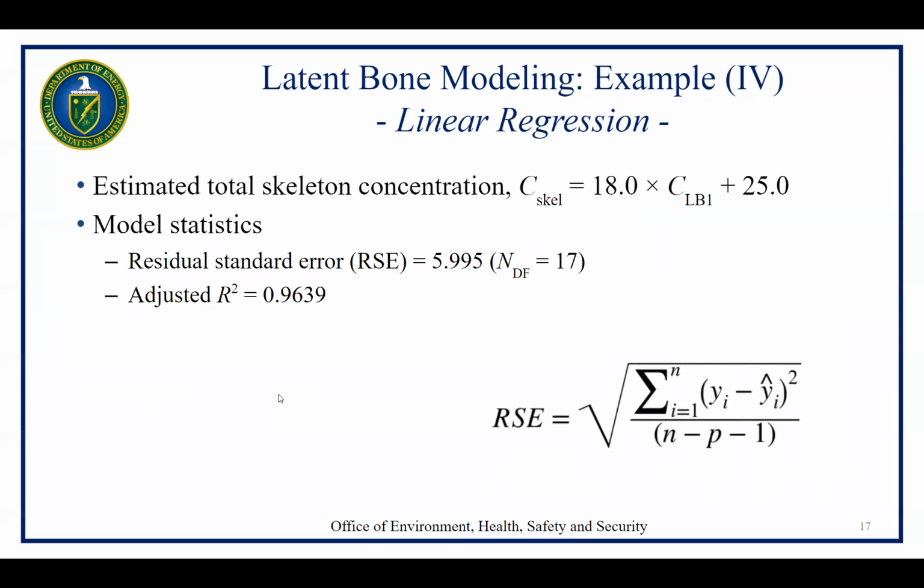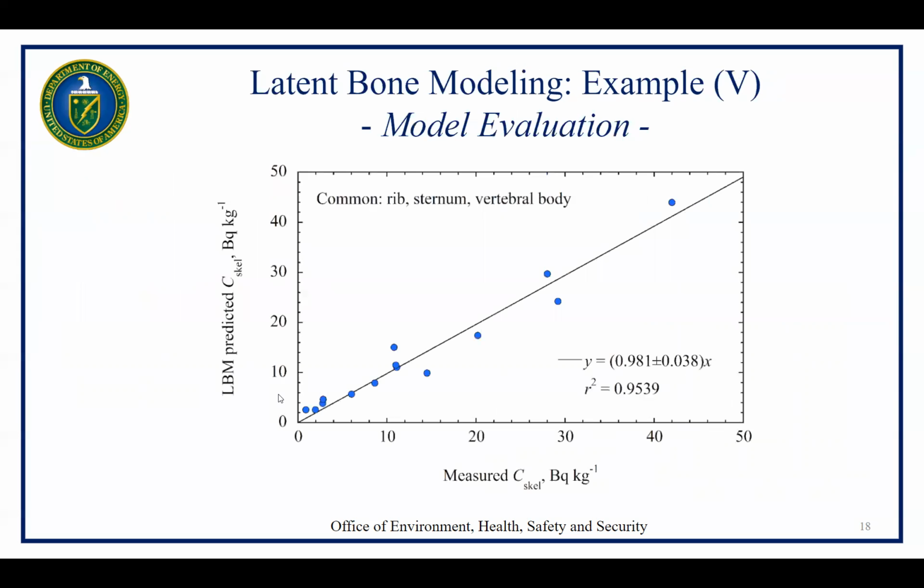The total skeleton concentration can be estimated using these linear equations with an adjusted R-square of 0.96. The figure shows the latent bone model predicted versus measured skeleton concentration, and the model fit is pretty good.